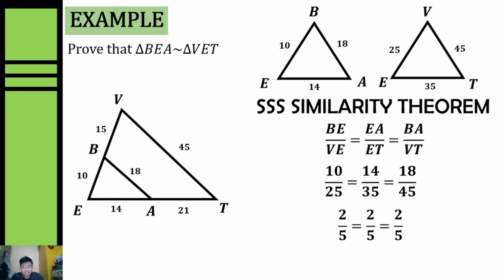Since our corresponding sides are proportional to each other, we can conclude that it satisfies our side similarity theorem. And since it satisfies our side similarity theorem, we can conclude that triangle BEA is similar to triangle VET.